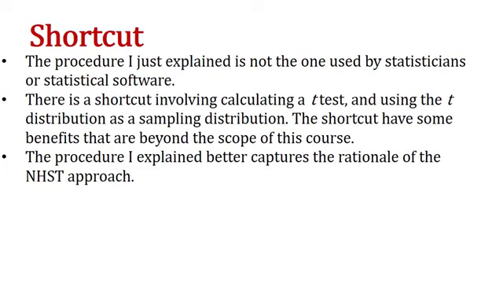It uses a t-test distribution. It calculates a t-score, and it uses a t-distribution as a sampling distribution. And this is convenient because we know the theoretical t-distribution. We don't have to do it by resampling.